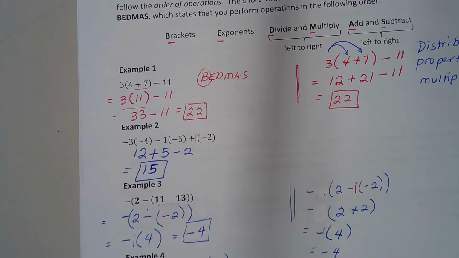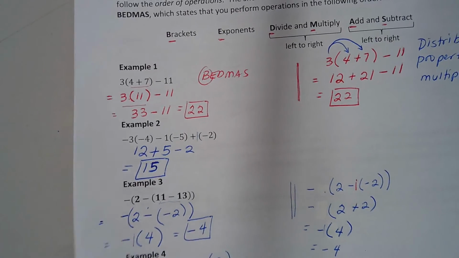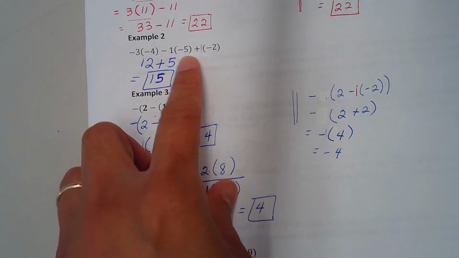So your calculator is a scientific calculator, and it actually works and does the order of operations for you. Okay. Now, try the next one. See if you can do the next one.